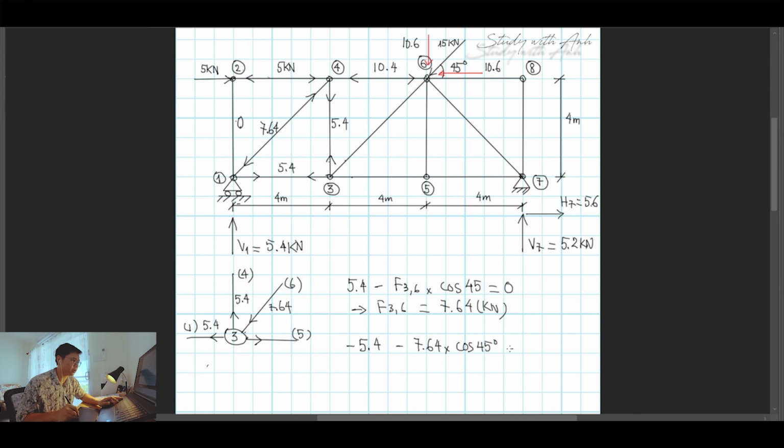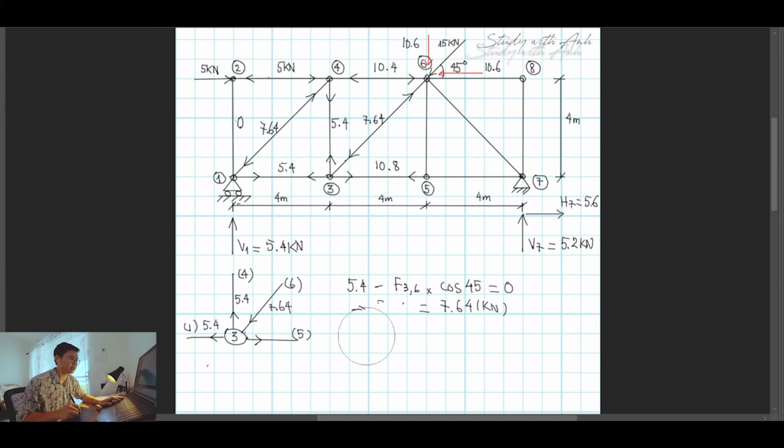Nothing else. So plus F35 equals 0, right? So F35 equals 10.8 kilonewton. Here is 10.8. This one here is 7.64.